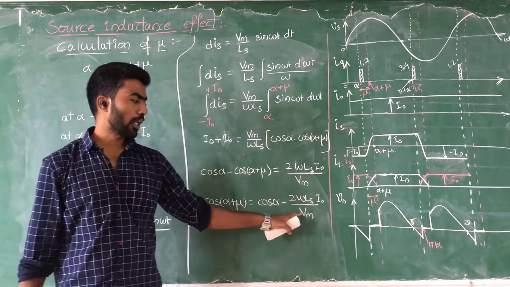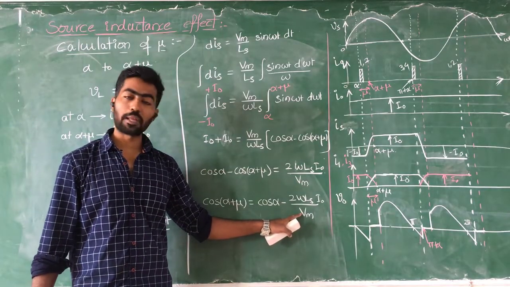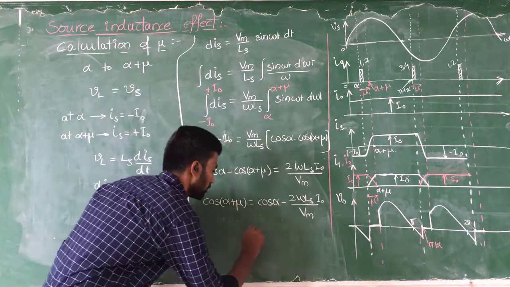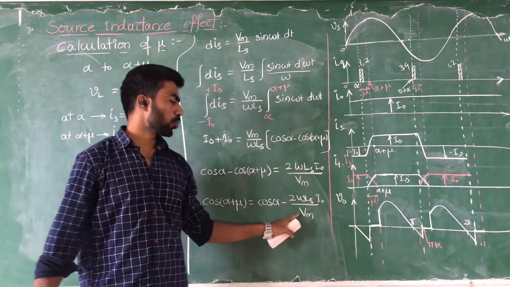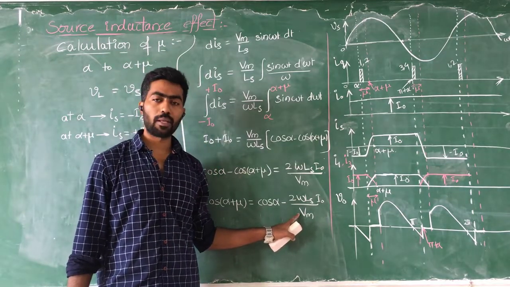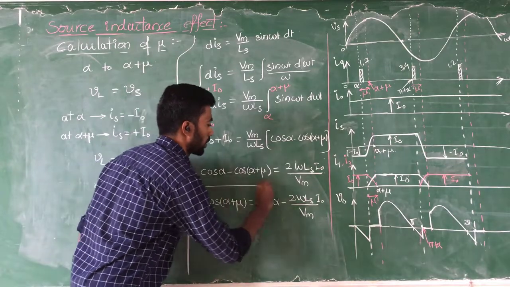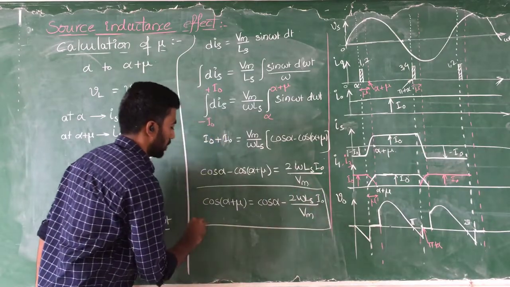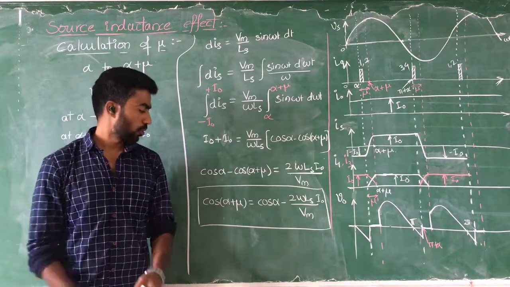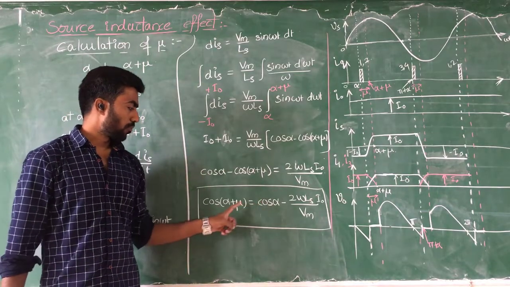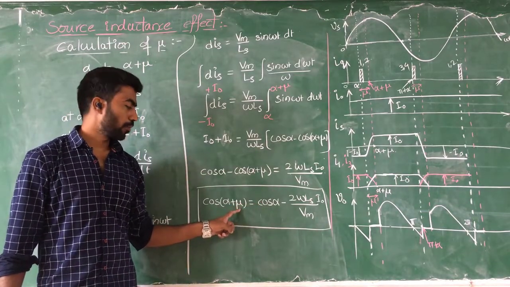Here Vm you can also write in terms of RMS value, that is root 2 times Vs, the supply voltage. You can also use that expression, no issue. This is the derivation for the overlap angle. From this expression we can calculate the overlap angle mu.